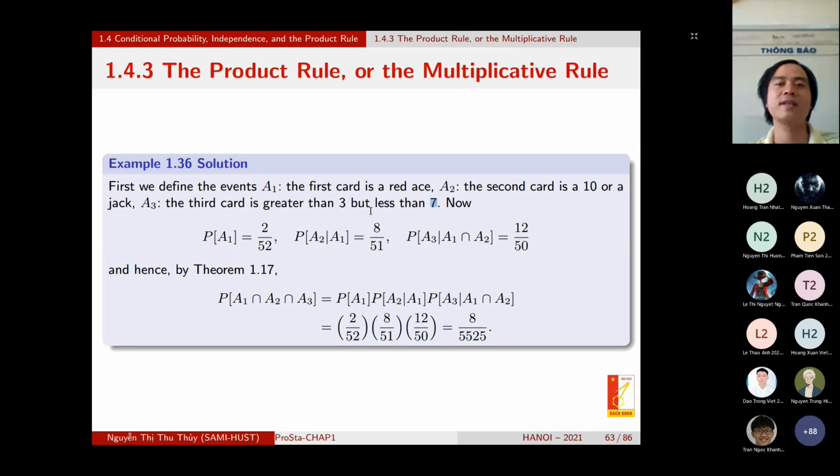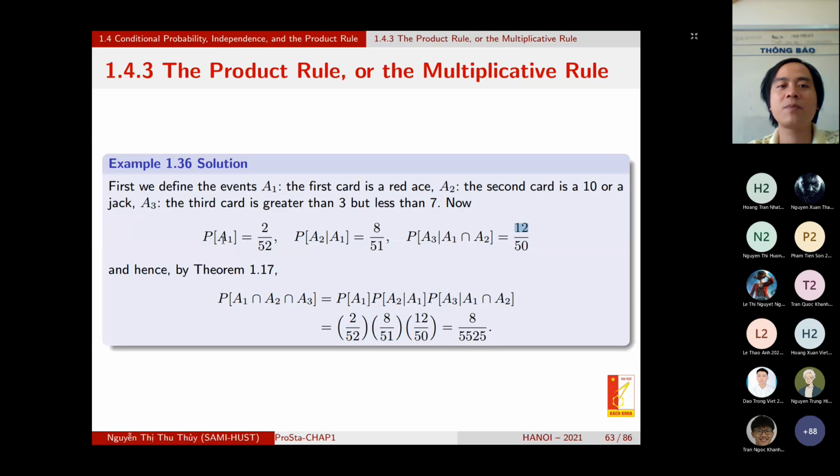We have 3 ranks multiplied by 4 in each rank, so 12 outcomes. Because we have already taken two cards, only 50 cards remain. So the probability in this case is 12 over 50.